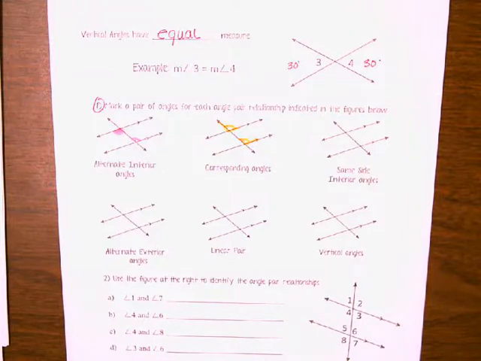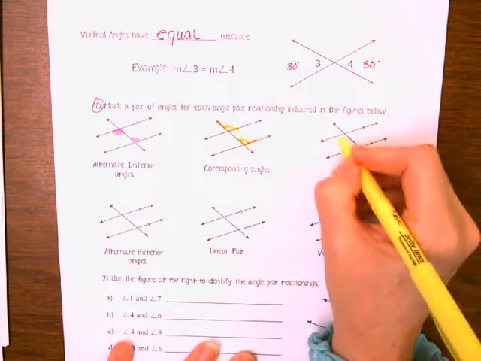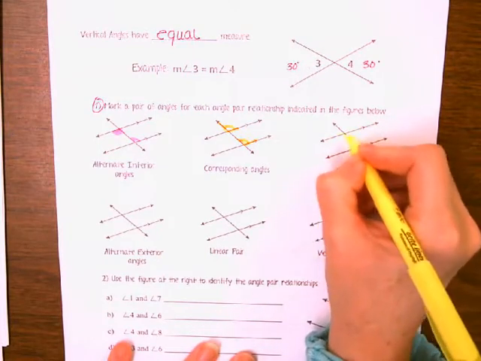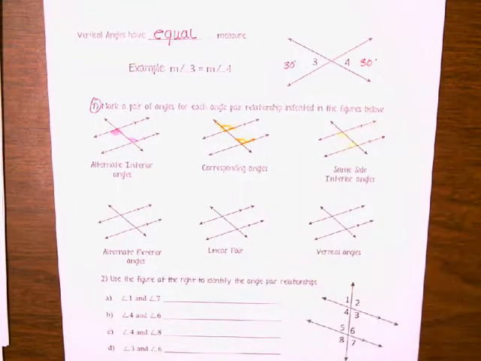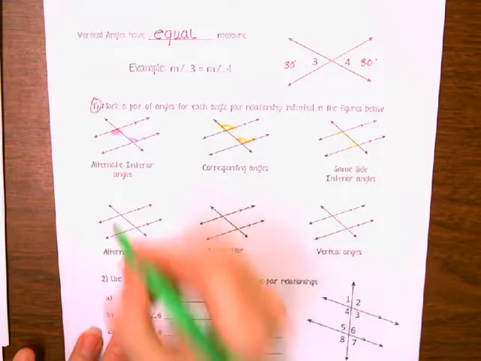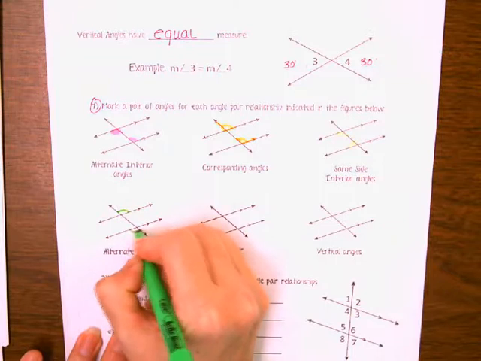Same side interior, so it's got to be inside. It could either be this pair or this pair. Same side interior. Alternate exterior. Here's one and here's one.